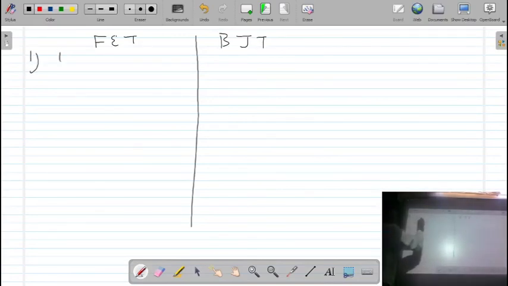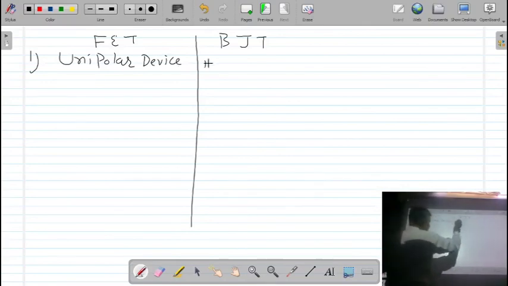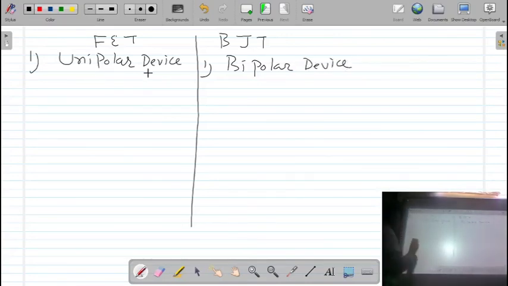First difference: FET is a unipolar device, while BJT is a bipolar device. Unipolar means only one type of charge carrier is used for the conduction.